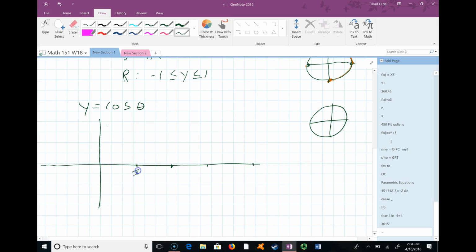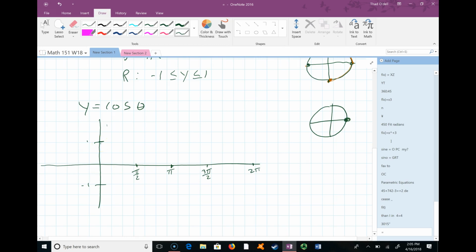That would be pi over 2, pi, 3 pi over 2, and 2 pi. There's 1, there's -1. Okay, so think about 0. When I plug in 0, cosine of 0 is 1. We're talking about right there, cosine is 1.